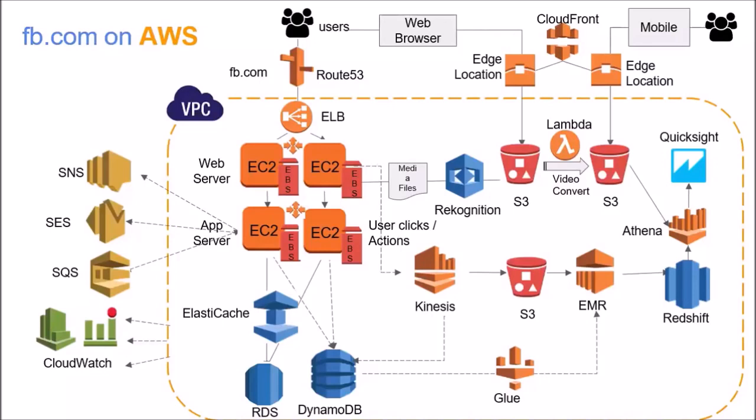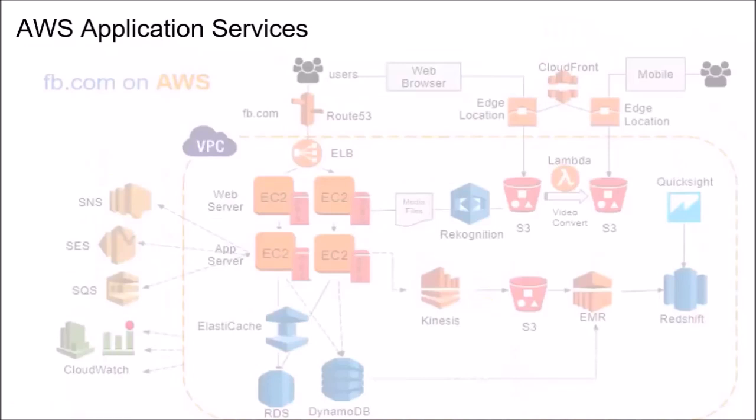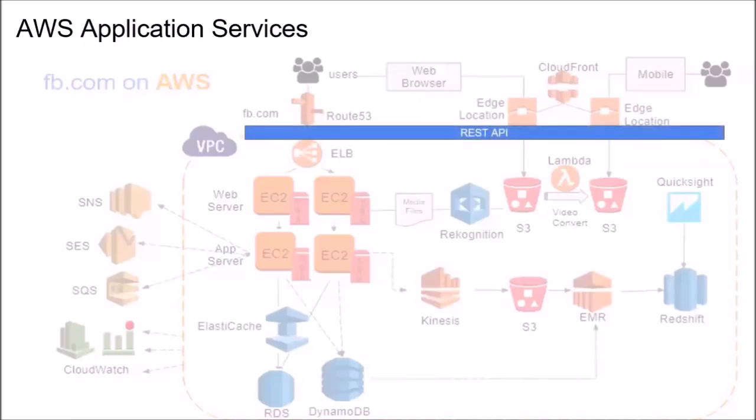Okay, next we want to see some more AWS services, and let's see some application services. As you know, Facebook or Twitter or any other web services, or even Amazon itself, expose all their services through API calls, so that different third-party applications can integrate with them, and for that they need a REST API service where they can expose all their APIs.